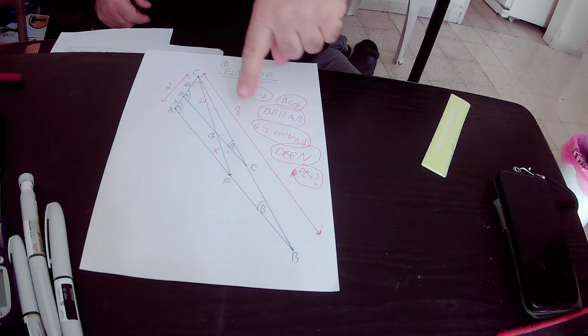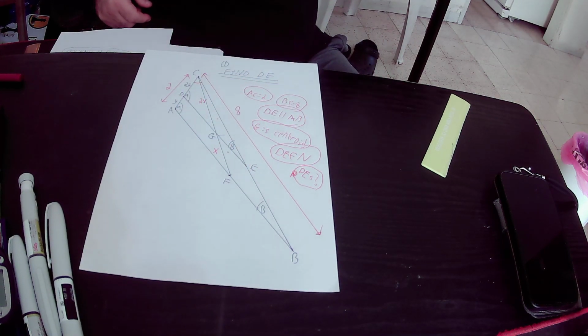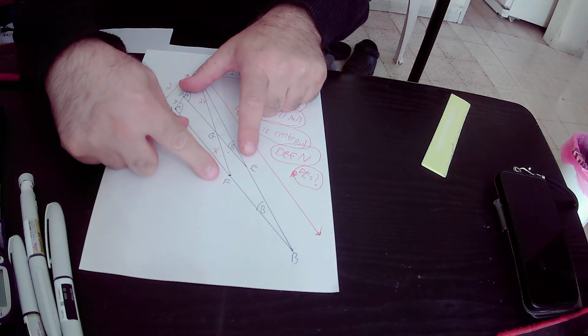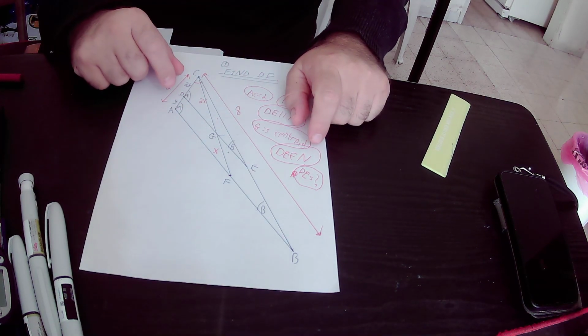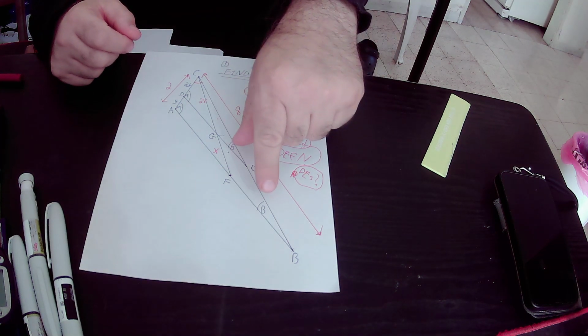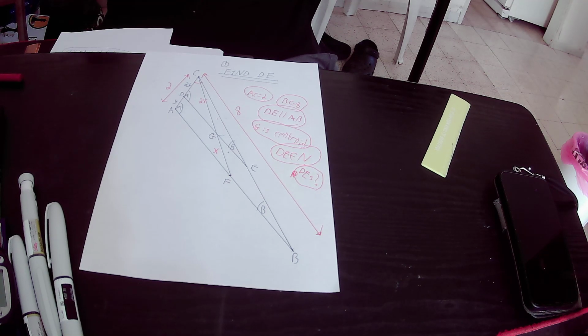So if angle CED is beta, then angle CBA will also be beta, according to the rule that corresponding angles between parallel lines are equal to each other. Those two corresponding angles will be equal to each other, and those two corresponding angles will also be equal to each other. Okay?